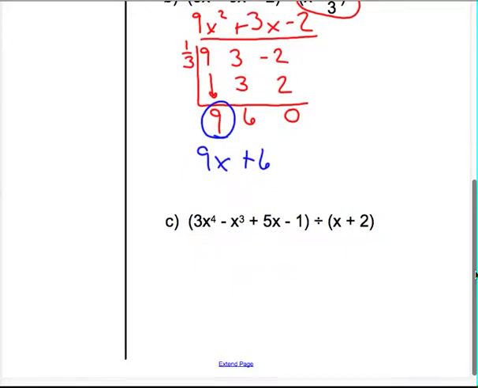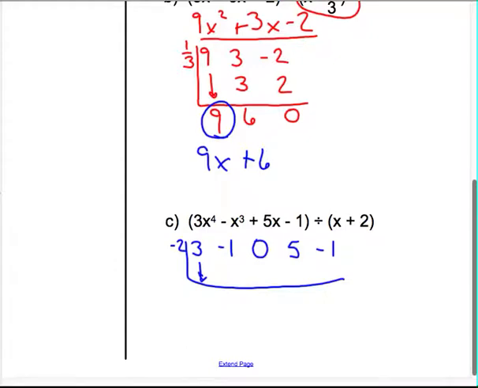One more example, and then we're going to see synthetic substitution. This one, our polynomial, is in standard form, so I'm just going to start by setting up the coefficients. 3x to the 4th, -1x cubed. We're missing the x squared term, so that coefficient is 0, plus 5x minus 1. The opposite of 2 is -2.